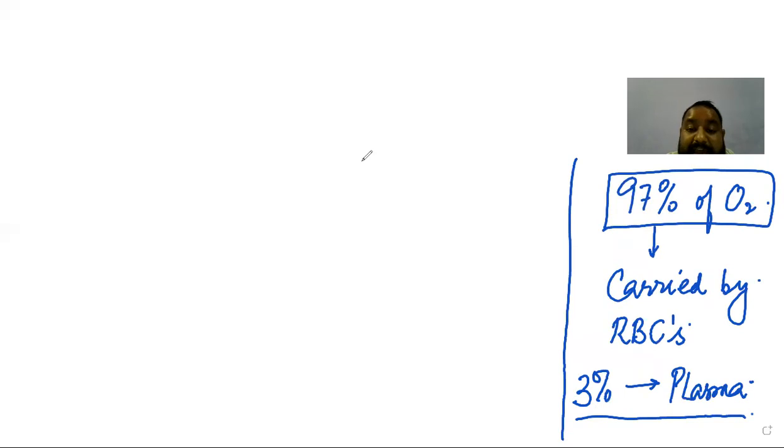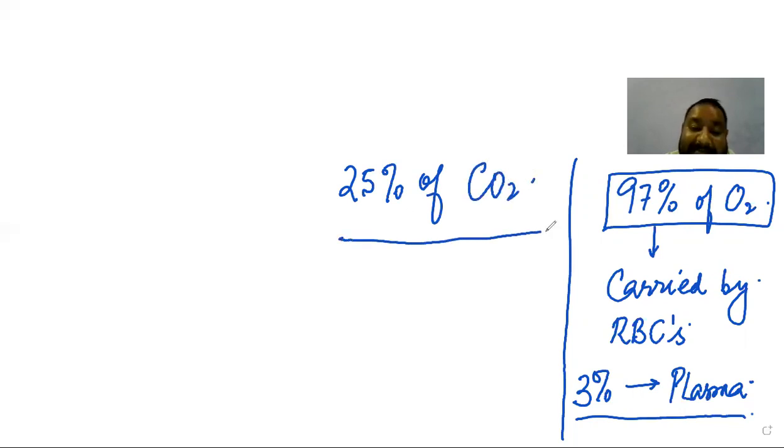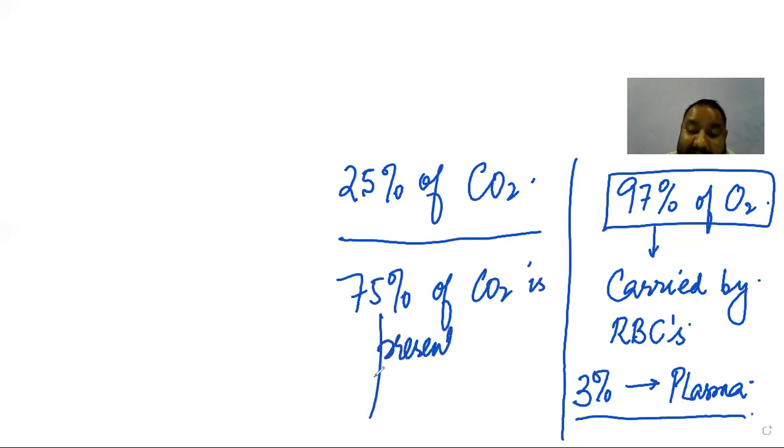And RBCs also carry 25% of carbon dioxide, while 75% is present in blood plasma.